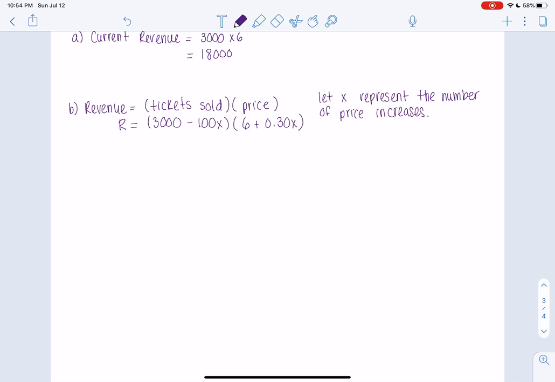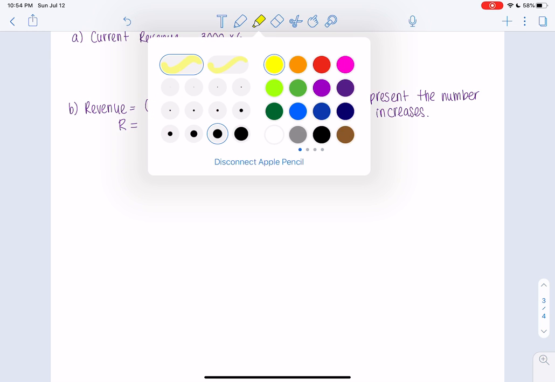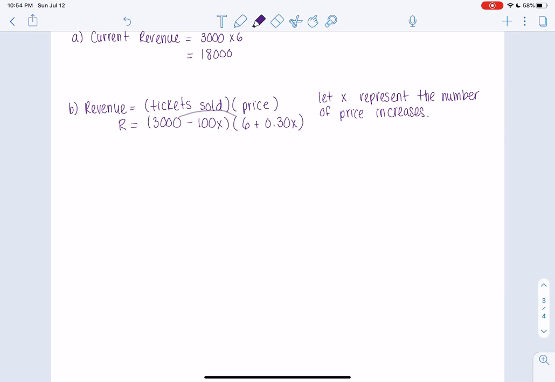So let's start by multiplying it out, and then we'll complete the square. So I'm just going to multiply this out, so don't forget to use FOIL and multiply everything. I'm just going to rearrange this so that we have it in the proper order, and I will collect some like terms.